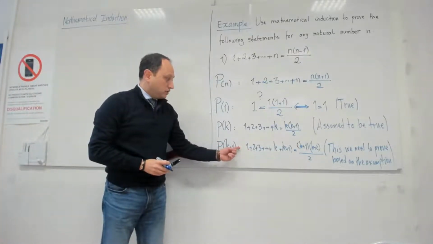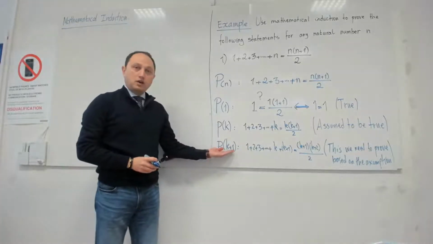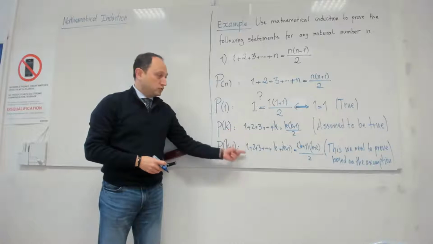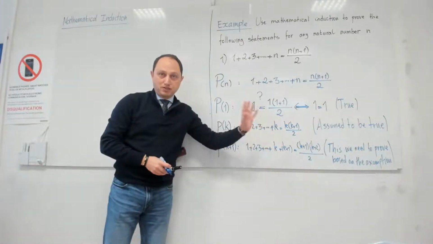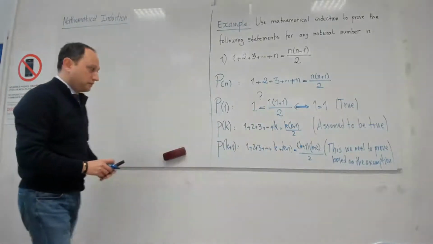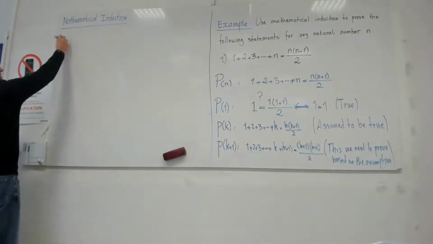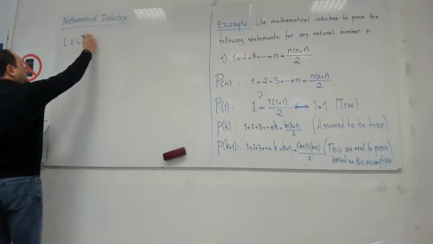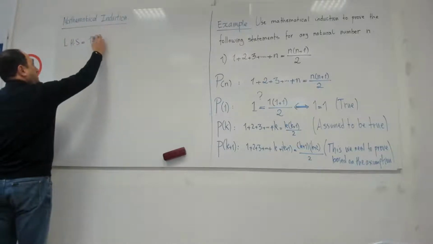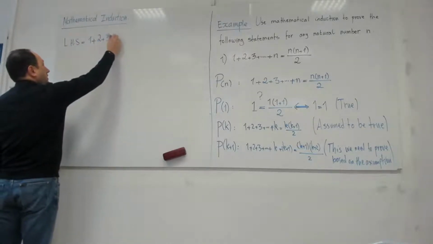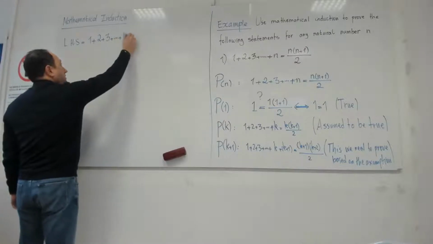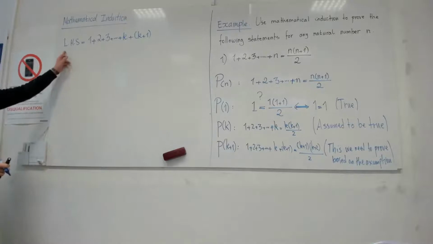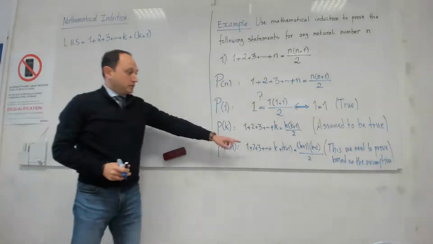I will start from the left-hand side of what I want to prove and try to use my assumption to reach the other side. That is the general strategy in solving these kinds of problems. So I will write the left-hand side. It is 1 plus 2 plus 3 up to k, plus k plus 1. This is the left-hand side of this expression.